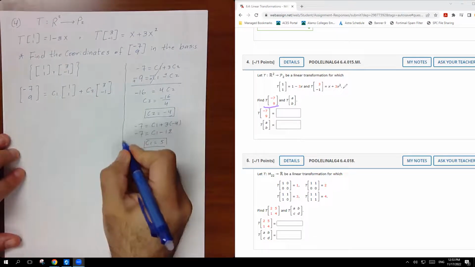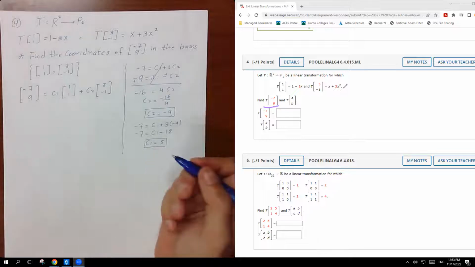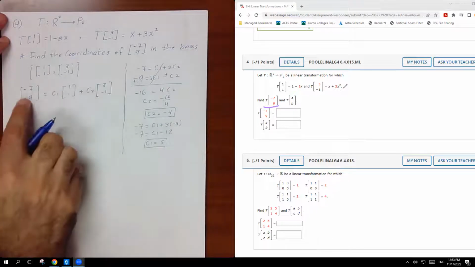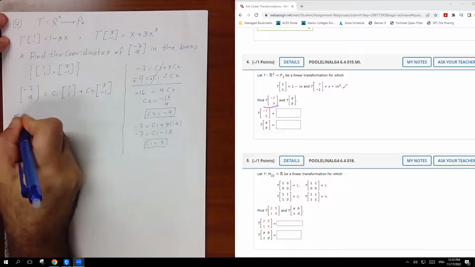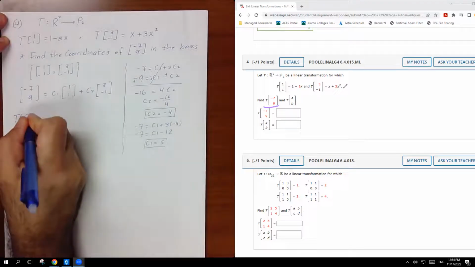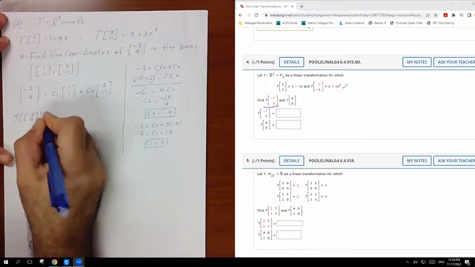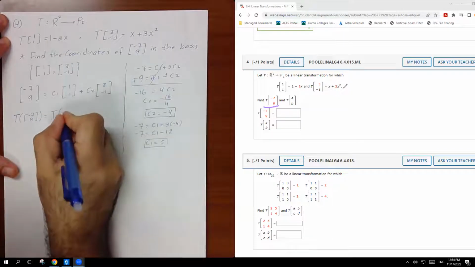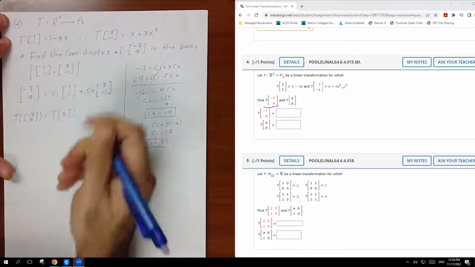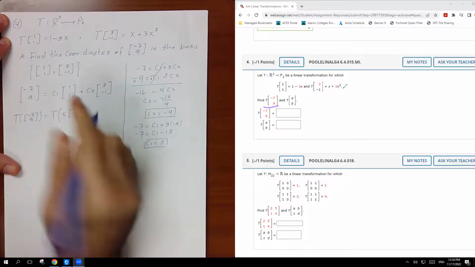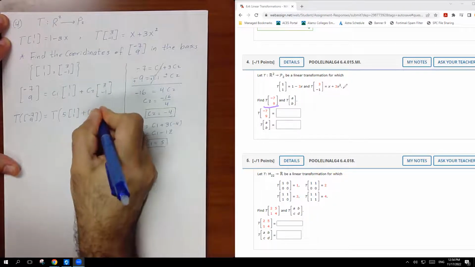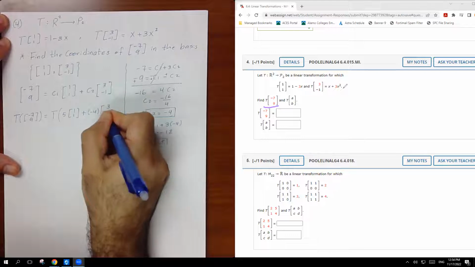In this case, we have C1 and C2. Let's write this as a linear combination from C1 and C2, so now I can find the transformation. That means the transformation of negative 7, 9 is going to be the transformation of 5 times this part, plus C2, which is negative 4, times 3, negative 1.